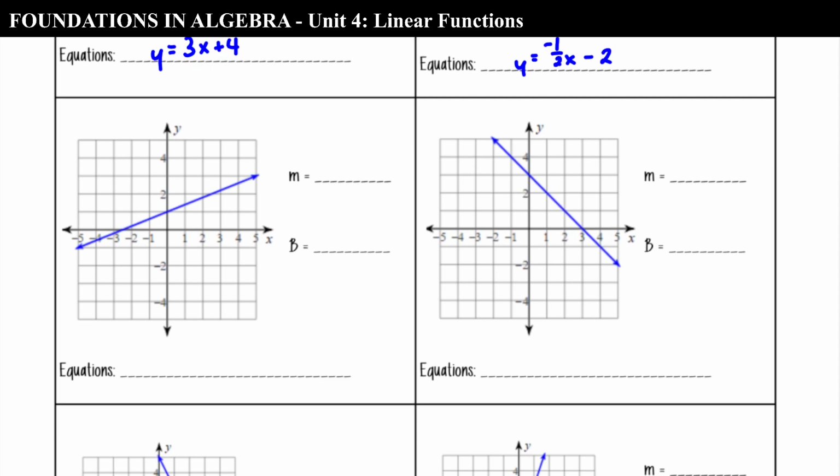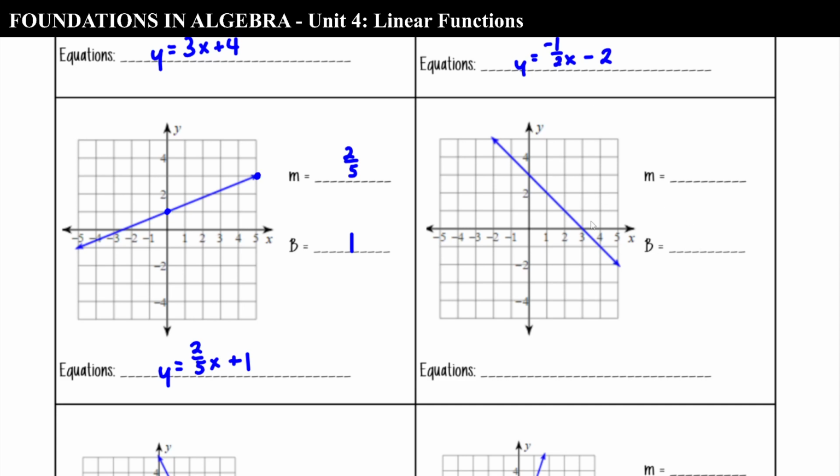For the next one, our y-intercept is 1, and our slope, if we start here and go to, it looks like we're going to have to go to the edge of the graph, this point, we have a rise of 2 and a run of 5. So 2 over 5. So our equation is y equals 2/5 x plus 1.